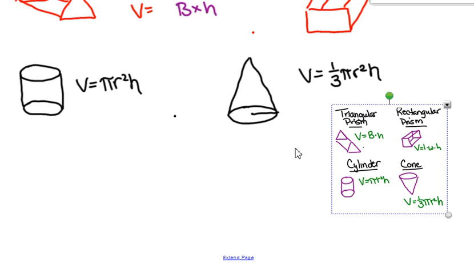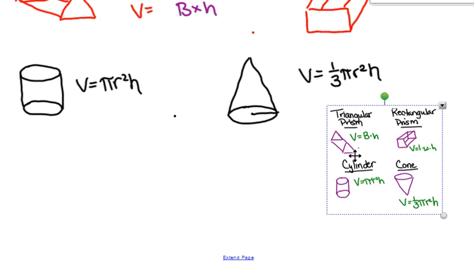I've got my cylinder, volume is equal to pi times r squared times h. And then lastly, I've got my cone, volume is equal to the 1/3 times the pi times the r squared times the h. And again, if I were you, I would pause the video until you can get that sticky note made. And then once you've got that sticky note made, you can go ahead and move forward with the video.